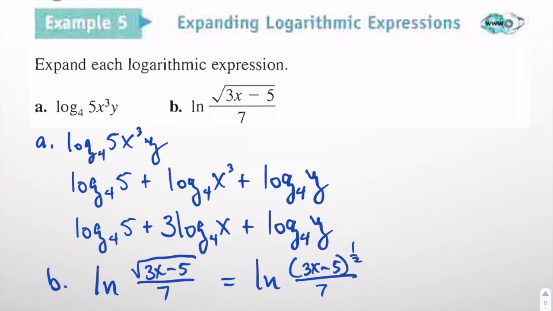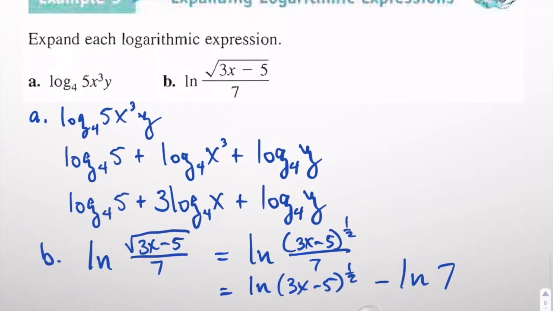And according to our properties, we can write that as the natural log of 3x minus 5 to the 1/2 power minus the natural log of 7. Further, that can be written as 1/2 natural log of 3x minus 5 minus the natural log of 7. And we're done.